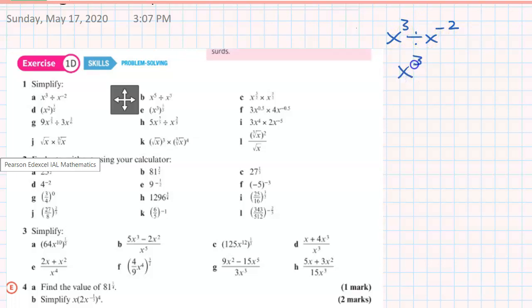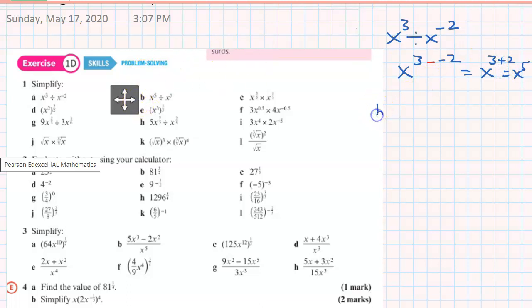So x to the power 3 and minus 2 is there. If it is multiplication, we add. But this is a subtraction. So minus minus 2. So we will be having x to the power 3 plus 2. So that is x to the power 5.